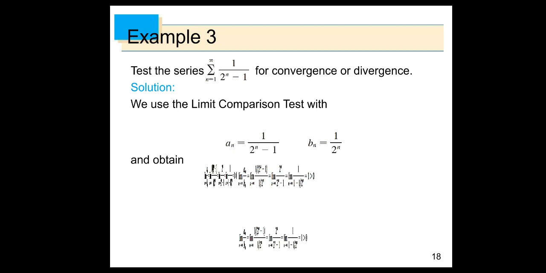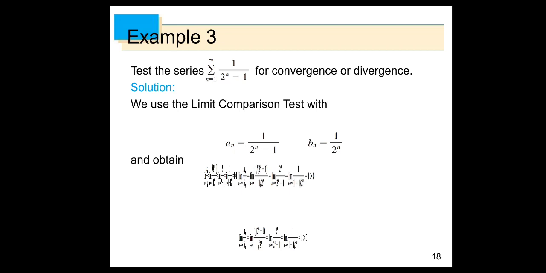So what do we do over here? We'll have the limit of a sub n by b sub n where n is approaching infinity, right? We'll plug in the values of a sub n and b sub n, and we'll find that it is equal to 2 power n by 2 power n minus 1, because these values will be inverted when we divide them.